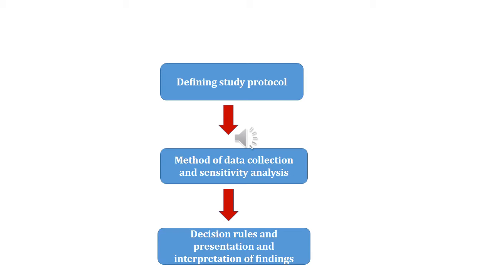The next important concept is the concept of sensitivity analysis. So what exactly is this sensitivity analysis? Basically, when you do any evaluation, the outcome could depend on the variables.